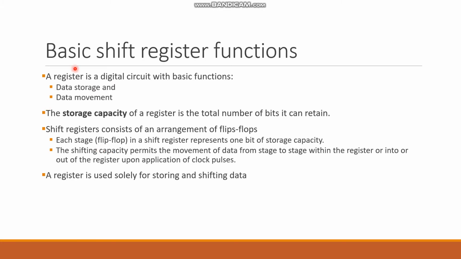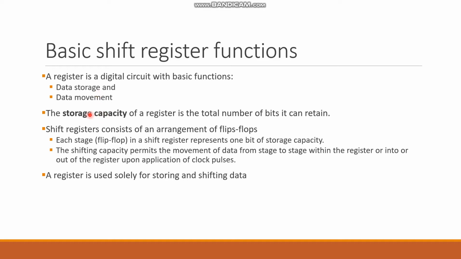So we can say that a register or a shift register is a digital circuit which has two main functions, and those functions are data storage and data movement. That means registers have the ability to store data, and they are also able to move data from somewhere to somewhere else, by some types like serially moving data or parallelly moving data.